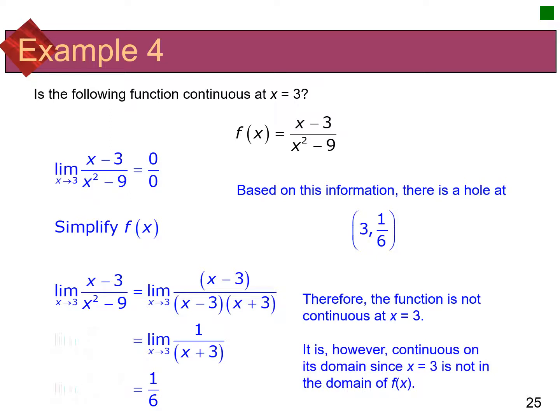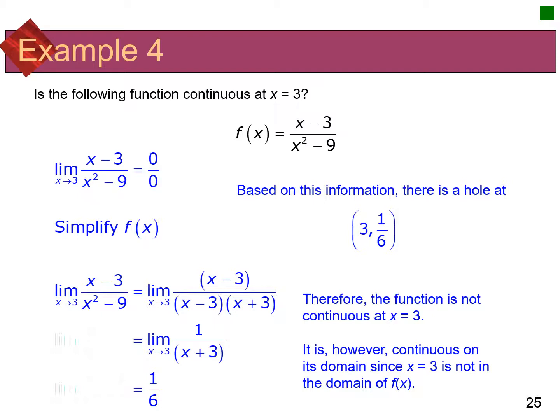However, if I were to go back and say, okay, well, is it continuous on its domain? Since x being 3 or negative 3, if I would state, okay, what's the domain? I would basically say something along the lines that x is not equal to 3 and x is not equal to negative 3.